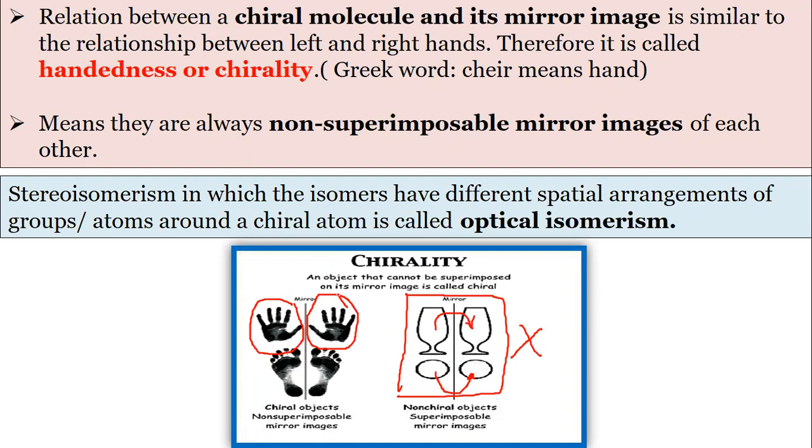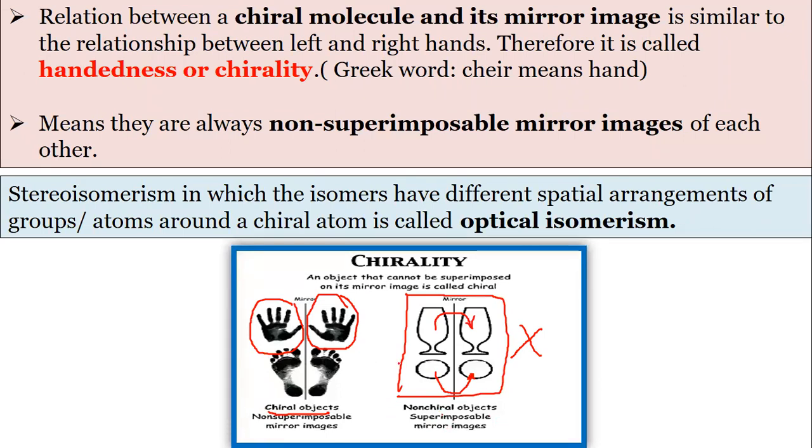So this is called non-superimposable mirror images. Similarly, a left foot and a right foot are chiral objects, non-superimposable mirror images, and the others are non-chiral objects, superimposable mirror images.